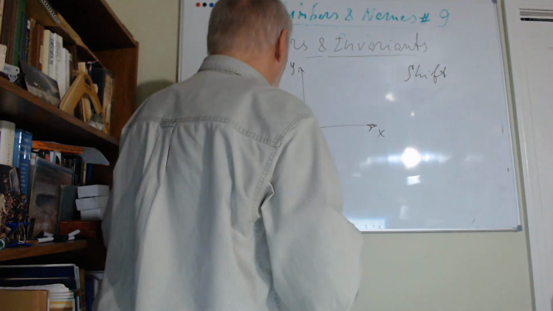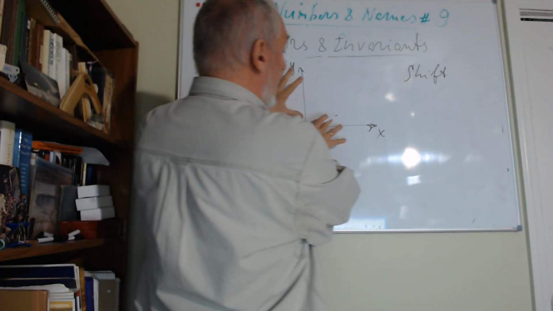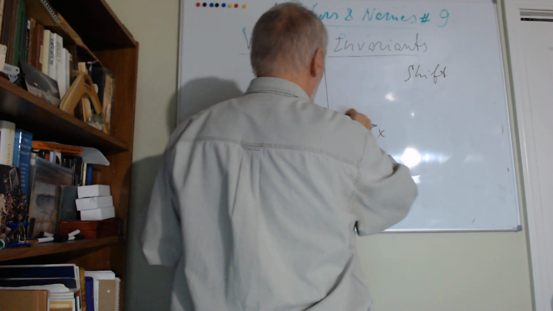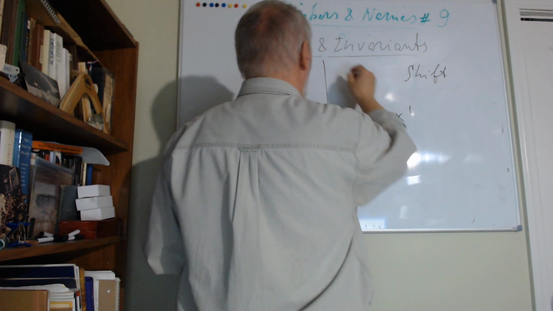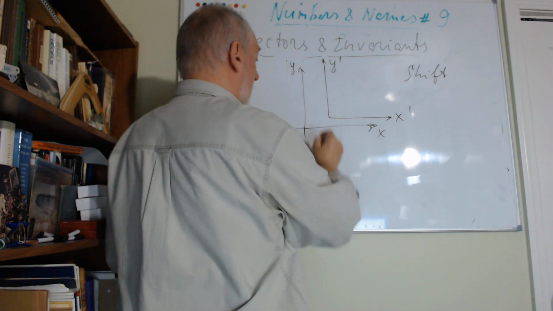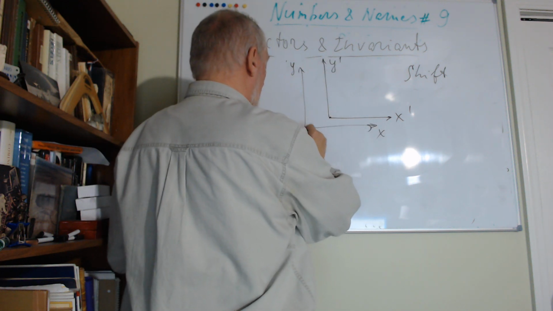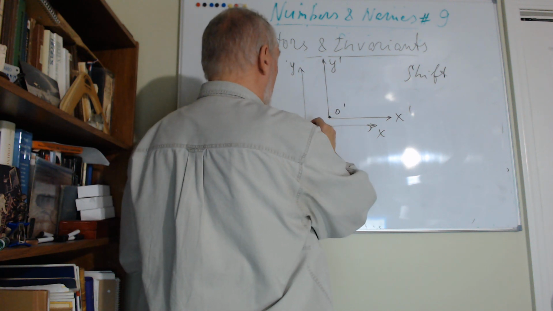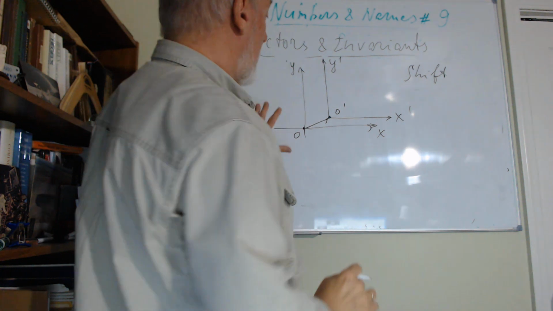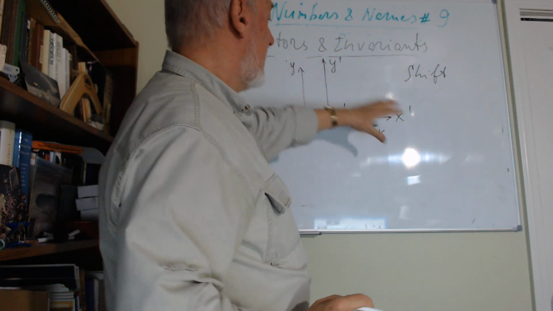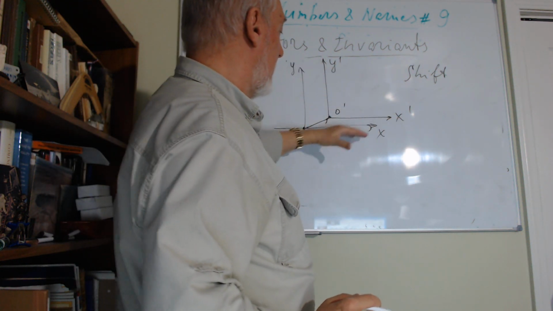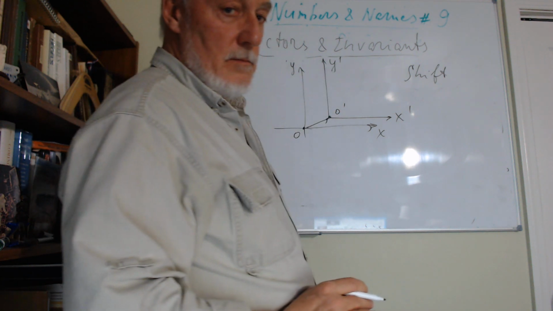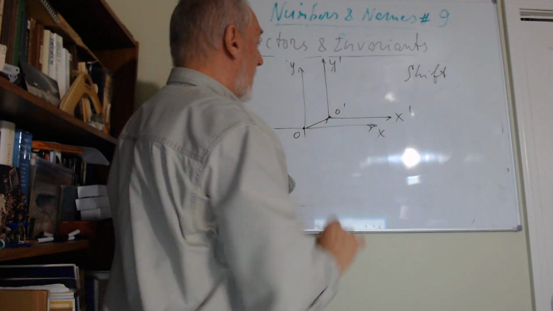Shift means that you just moved both of these x's to a certain place. Like for example, you move it like here. So this is x prime and y prime, right? This is the beginning of the first frame of reference, and this is the beginning O prime, the beginning of the other. So we just moved it. All the x's are parallel. X is parallel to x prime, y prime is parallel to y. So this is called shift. So just moving, right? This is one change of reference.